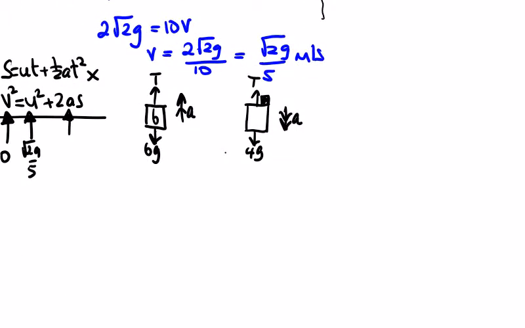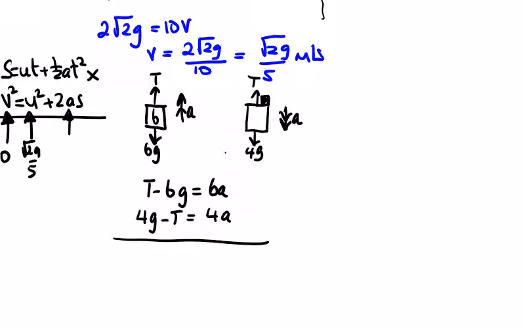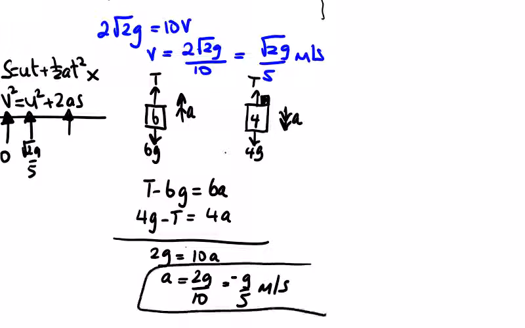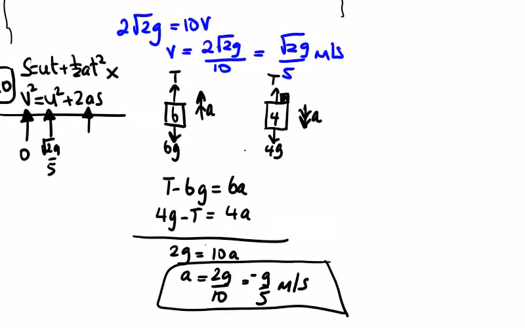So my equations: T minus 6g is equal to 6a, and 4g minus T is equal to 4a, giving us 2g is equal to 10a. So a is equal to 2g over 10, which is equal to g over 5 meters per second squared. Now it's going to be slowing down, so that's going to be a negative acceleration.